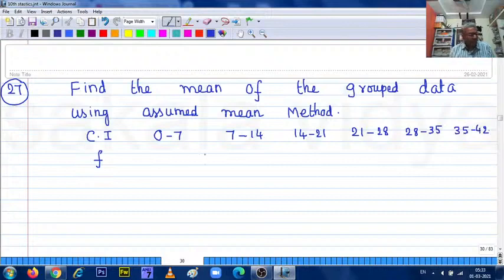The frequencies given are 12, 14, 23, 10, 15, next 11.